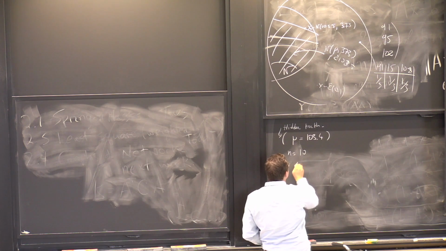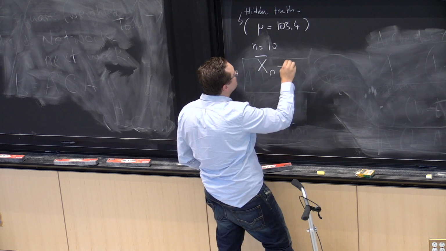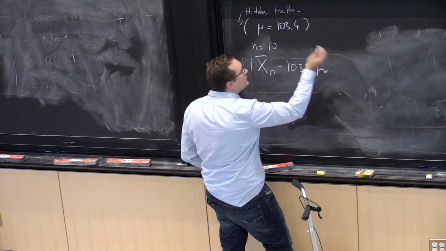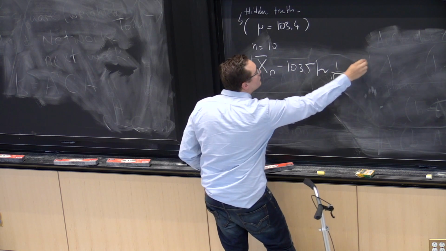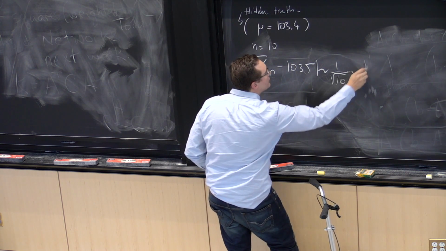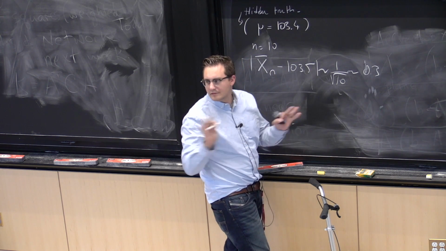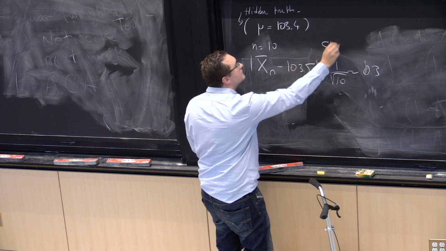So I know that X bar n minus 103.4 is of the order of 1 over square root of 10, which is of the order of, say, 0.3. Okay? Here this is all hand-wavy, but that's what the central limit theorem tells me.